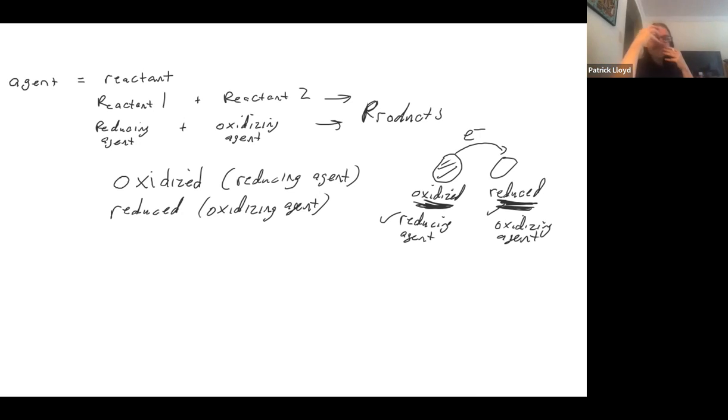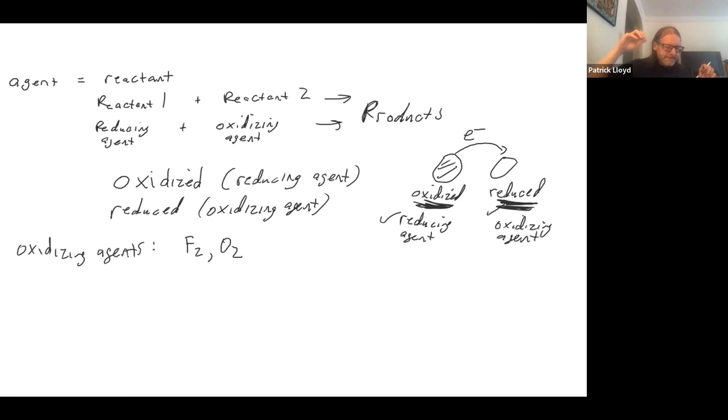So in the environment, certain substances tend to be reducing agents and others tend to be oxidizing agents. In terms of elements, here are a couple. Fluorine, oxygen, those are oxidizing agents. In fact, the terminology oxidizing means reaction with oxygen, right?